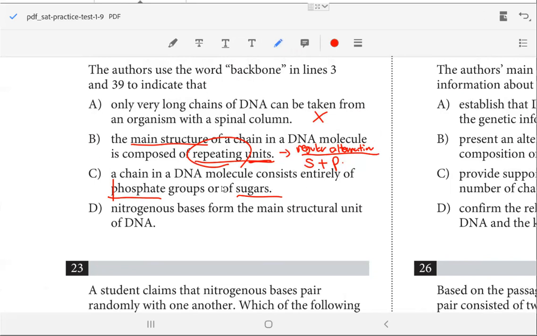A chain in a DNA molecule consists entirely, there you go. All right? 함정이죠. Entirely of phosphate groups or of sugars.